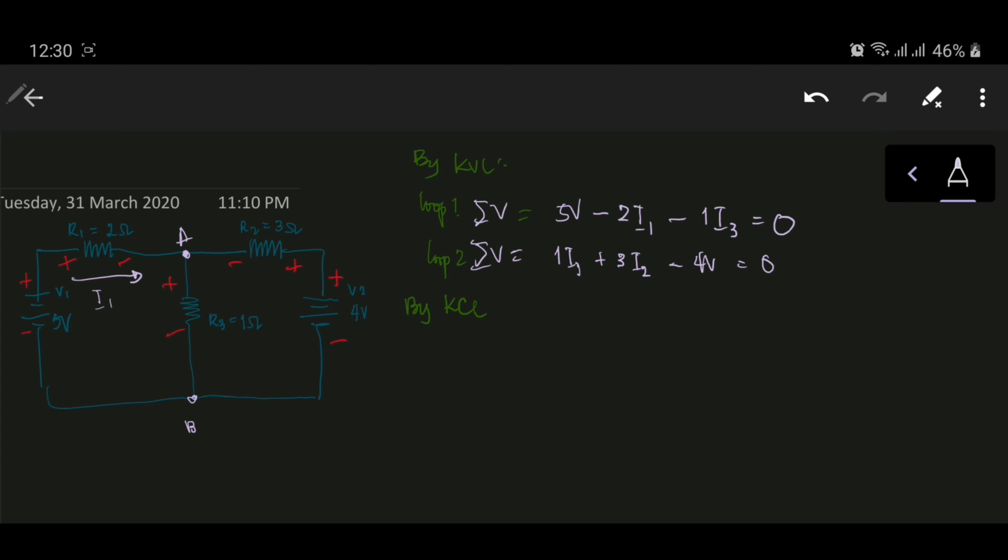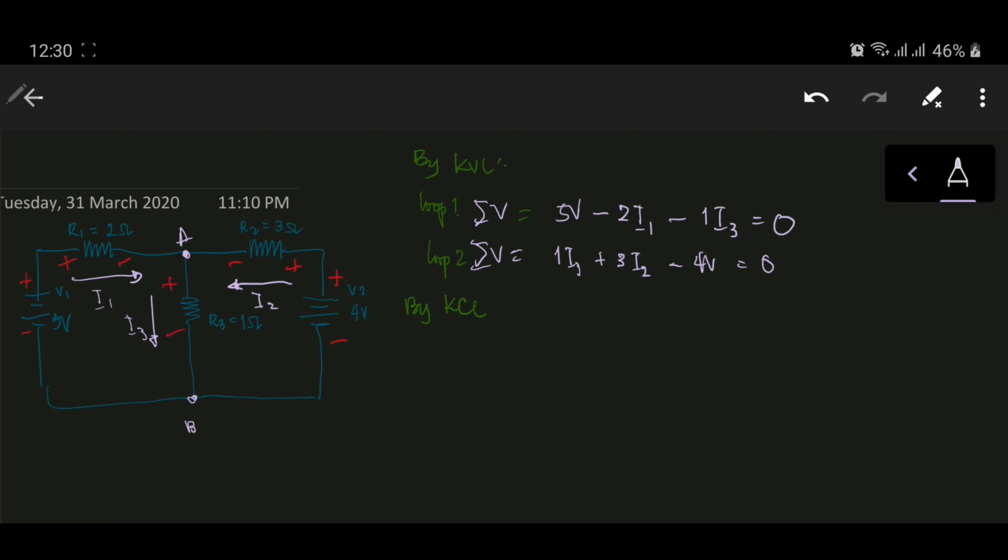So for us to know which direction the current is flowing through each resistor, we consult the polarities one more time. For resistors, currents will be flowing from the positive terminal to the negative terminal of that element. So for this resistor, it's this. For this resistor, it's moving from top to bottom.